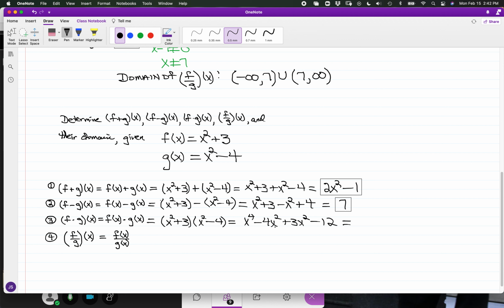Combining like terms in the middle, the output is x to the fourth minus x squared minus 12.